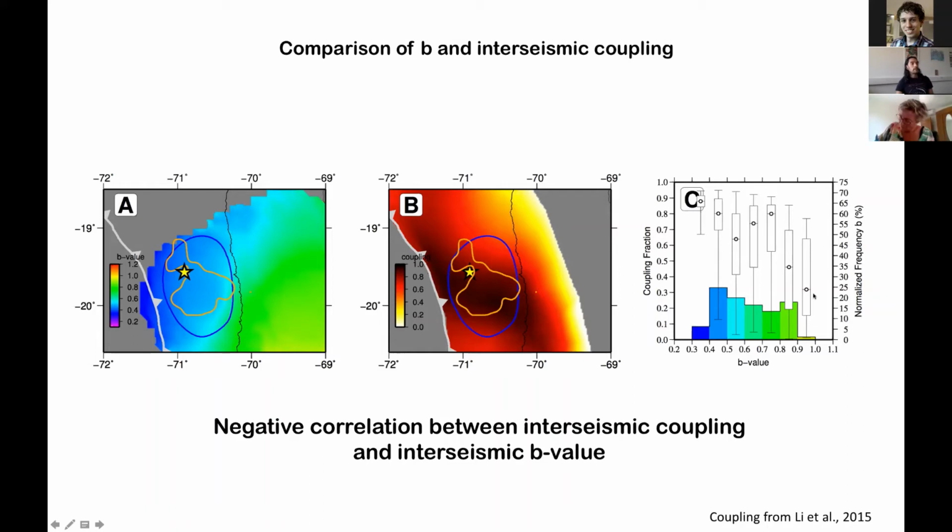So we see that there is, again, a negative correlation between interseismic coupling and interseismic b-value.